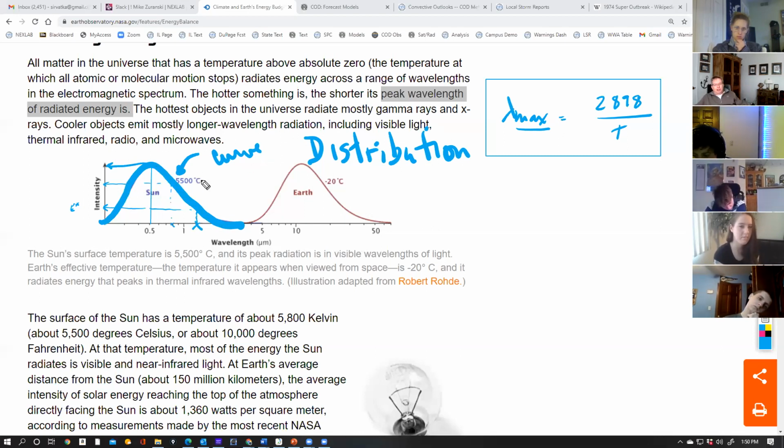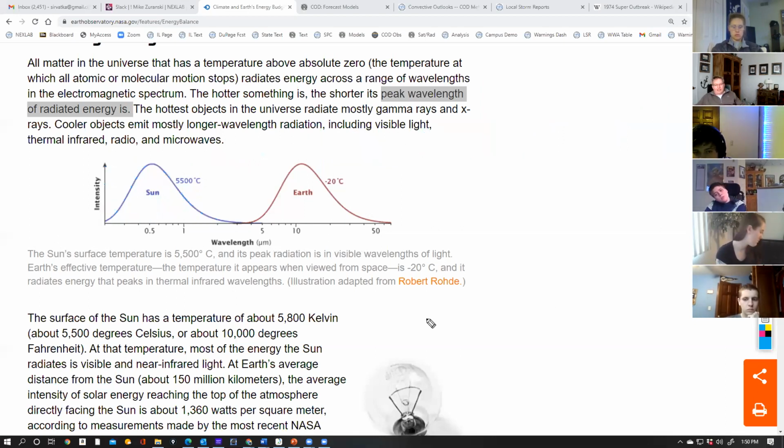Now, do you agree that there's some wavelength that's more than any other wavelength? And I like the way Zach said it, that is right there at the top of the curve. This point represents a wavelength, and that wavelength is lambda max.